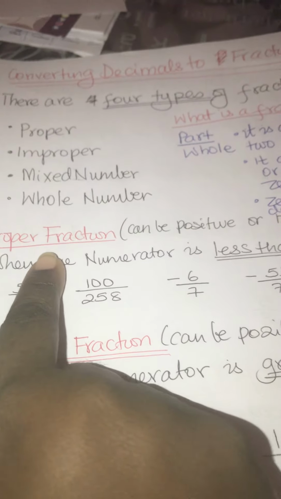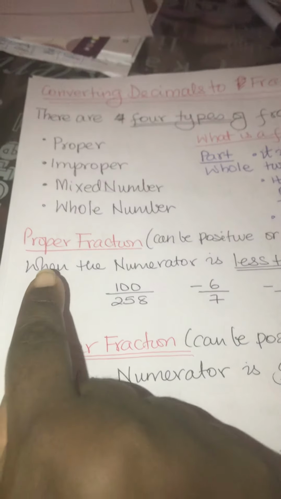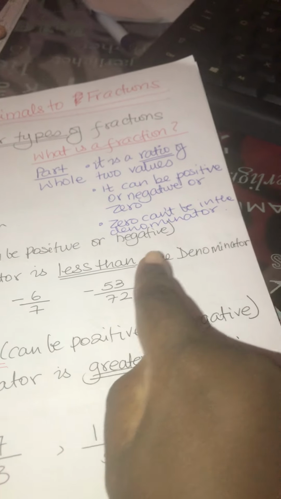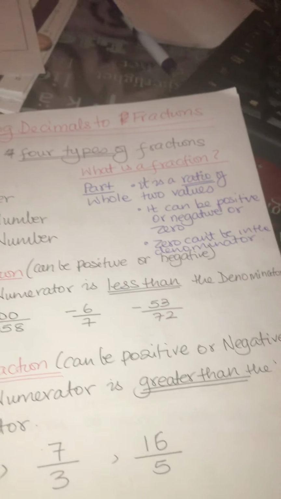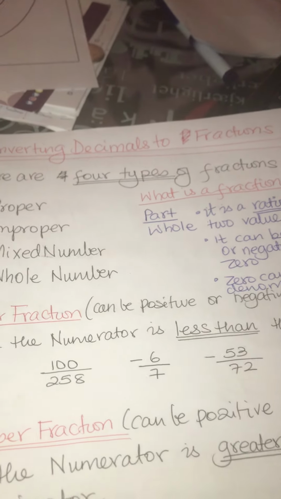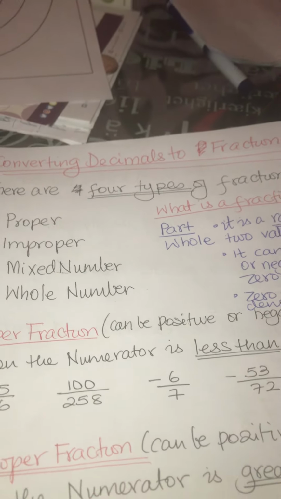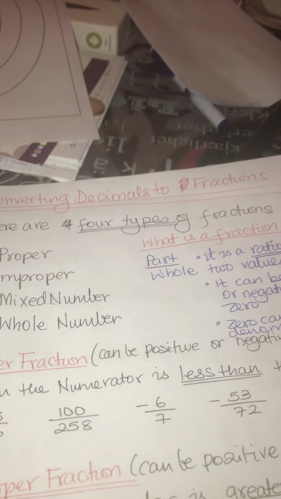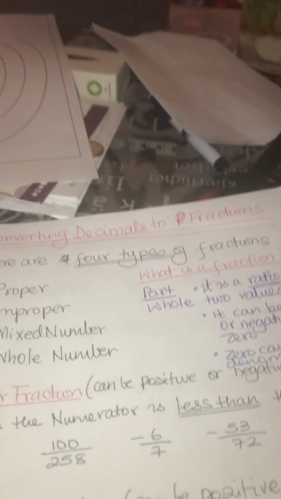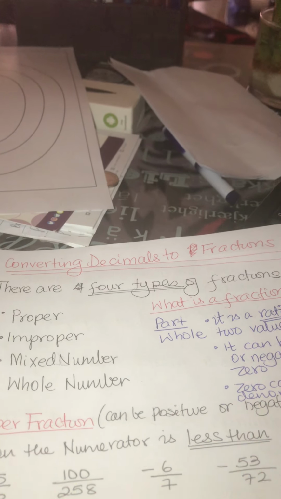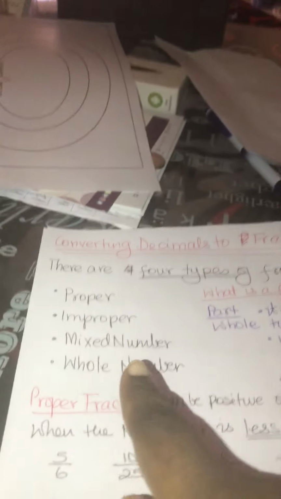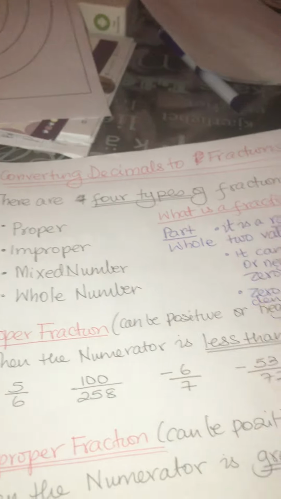So, what is a proper fraction? It is when the numerator is less than the denominator. That is how you identify. You look at the fraction you've been given. If the number on top is smaller than the number at the bottom, then it is called a proper fraction.